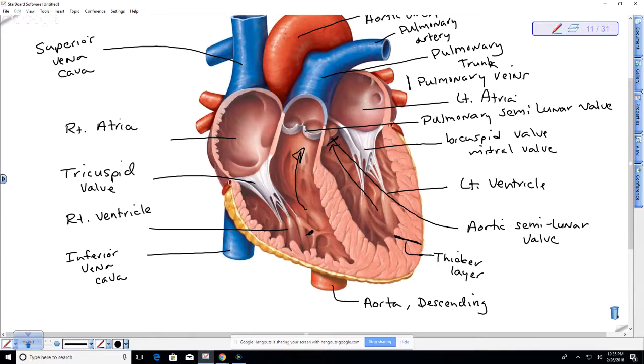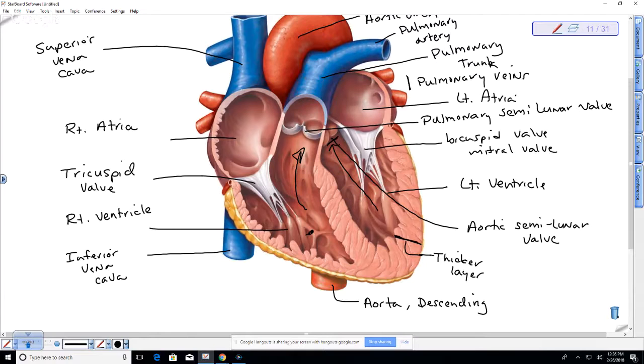Your circulatory system is always filled with fluid, right? And so when it pumps, it has to pump against all of the resistance of the fluid that is already out in the vessels. And so if it's going to pump all the way down to the toes and all the way out to your fingertips, it has to be pretty strong. So it is thicker because it has to pump all the way out to the body, whereas the right side only has to pump out to the lungs. Okay, so it doesn't have to pump as vigorously.